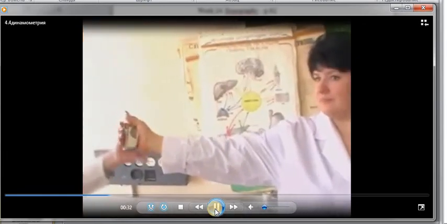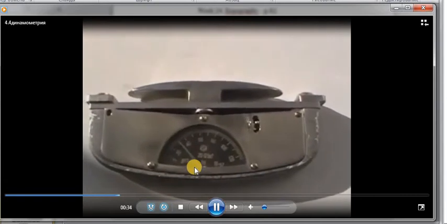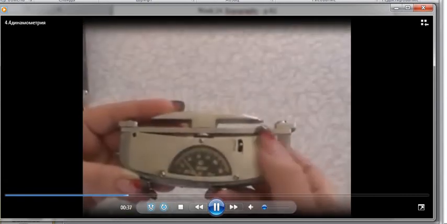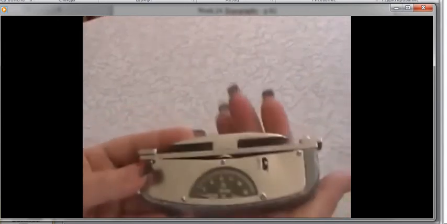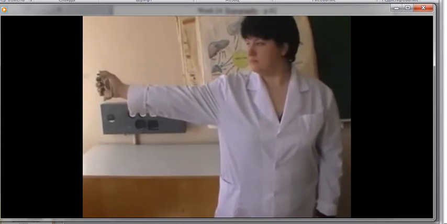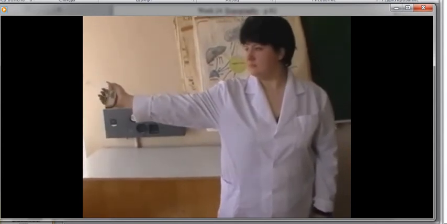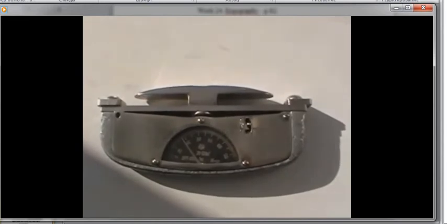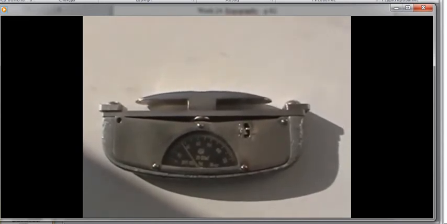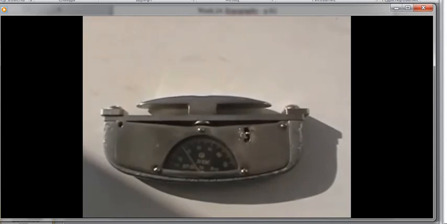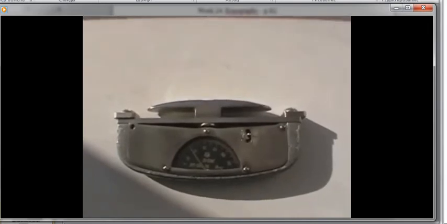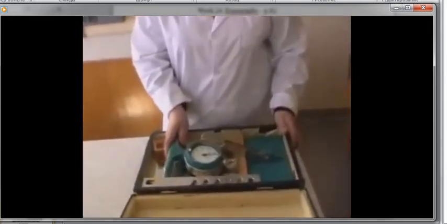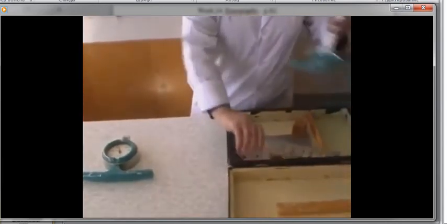You just press the tool, and on the scale you see how many kilos the force of your muscle is. In this case, one hand has 20 kilos of force, and the left hand has a little bit less.